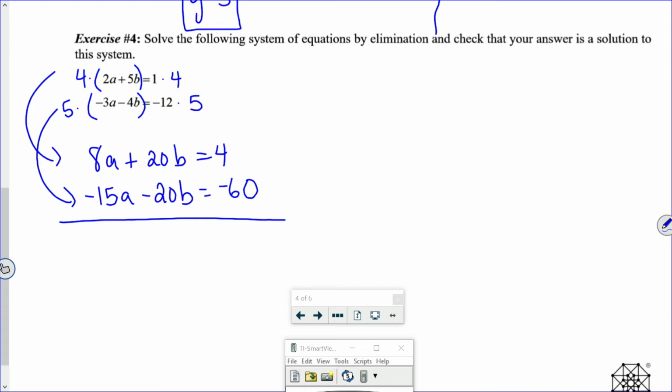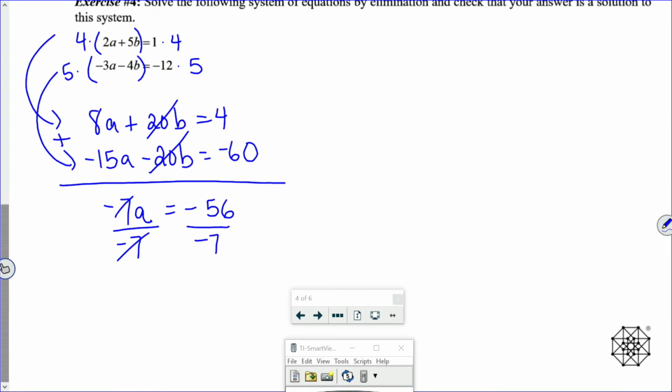Okay, when I add these now together, 8a plus negative 15a will be negative 7a. 20b plus negative 20b will cancel, and 4 plus negative 60 will be negative 56. Divide both sides by negative 7. Keep in mind, right, a negative divided by a negative is a positive. Negative 56 divided by negative 7 gives me a is positive 8.